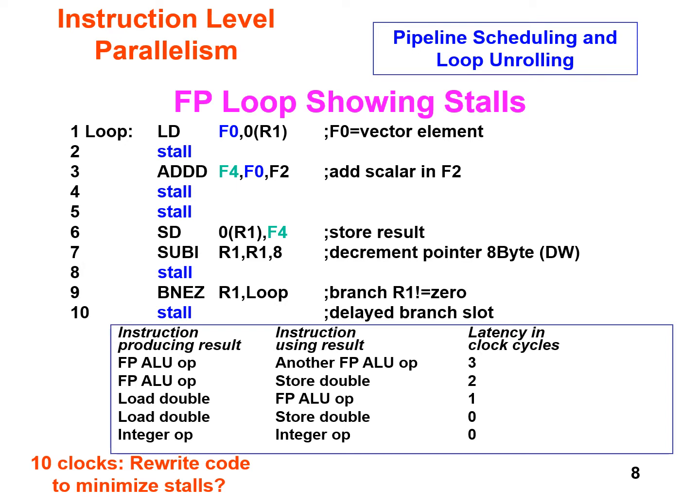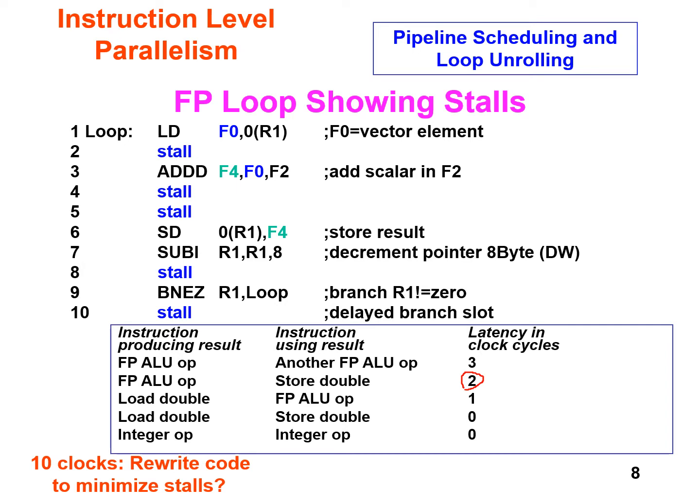So an addition followed by a store means we need two more clock cycles as given here. Okay, so those two clock cycles, and the next one, store and subtraction. Store and subtraction need no extra delay, so they are executed in parallel. And the next, from subtraction to branch not equal to, this is the conditional operation.